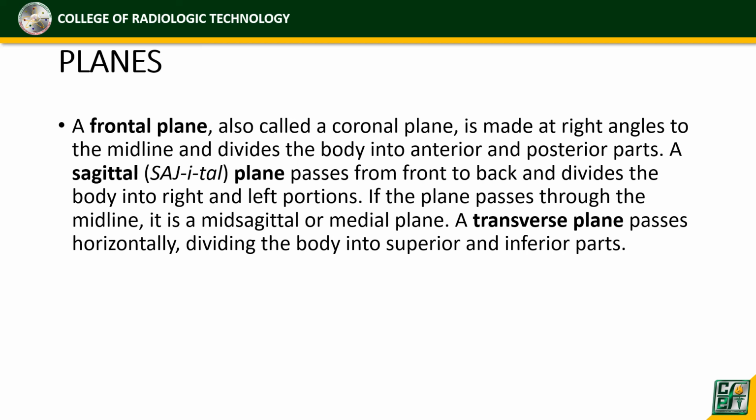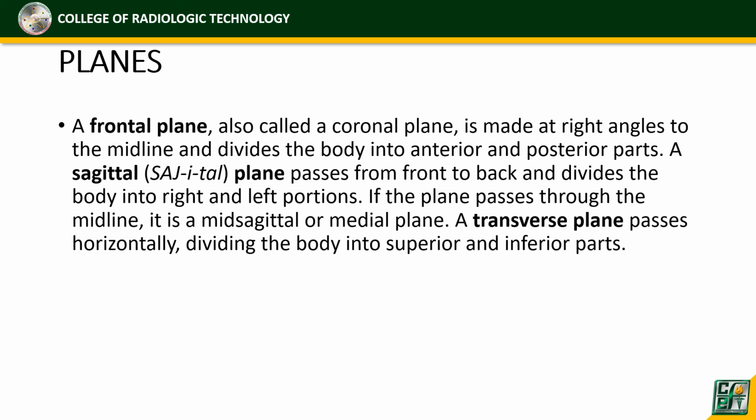Now, on the other hand, the sagittal plane is a plane that passes from front to back and divides the body into right and left portions. If the coronal plane divides the body into the front and back, the sagittal plane divides the body into left and right portions.